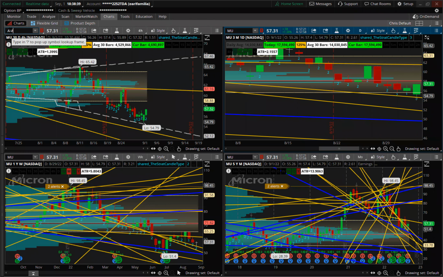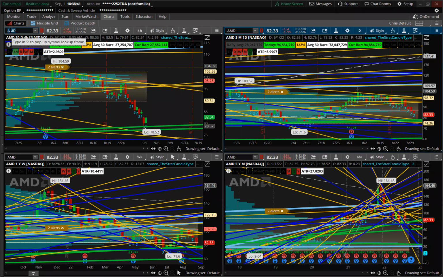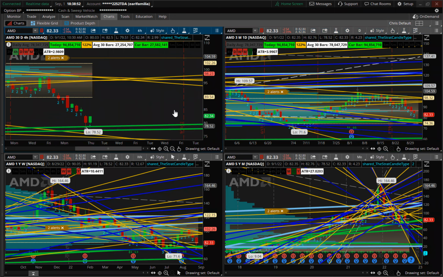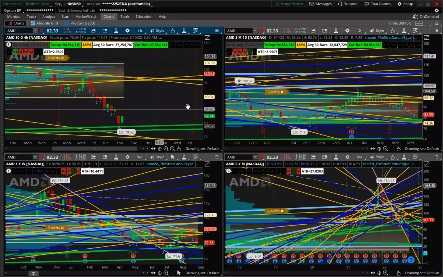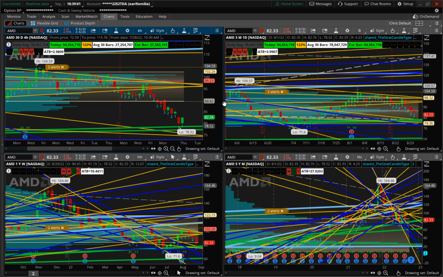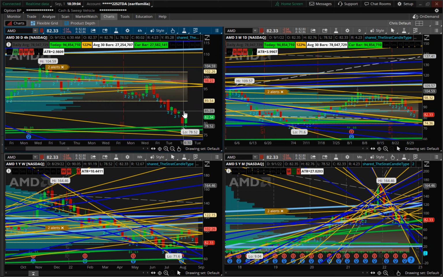Let's take a look at the downside. AMD. Hella conflict. We kind of figured some buying would take place right there. My only thought is it could fill this gap before it came back down.